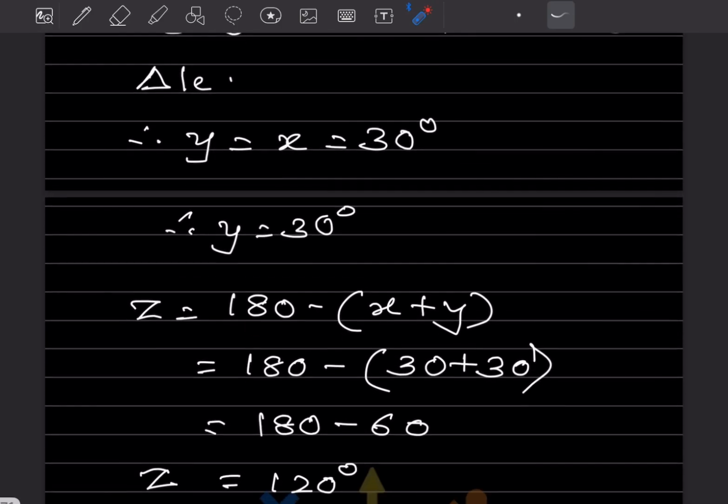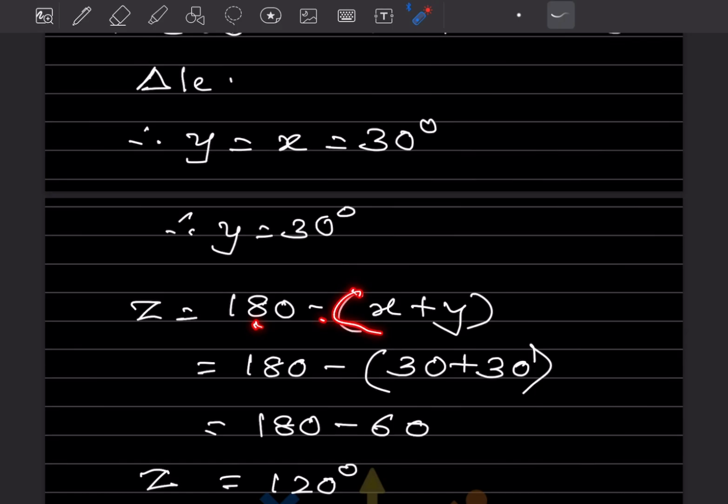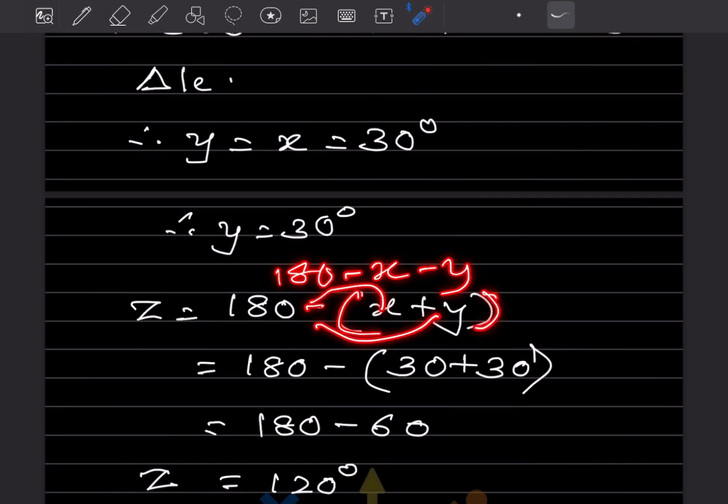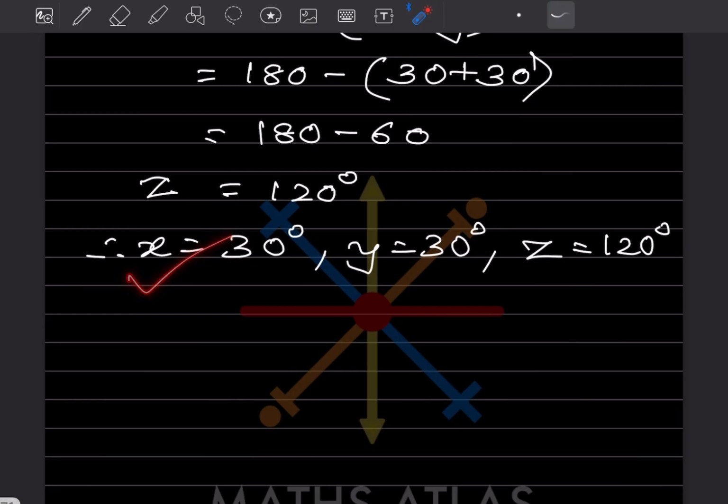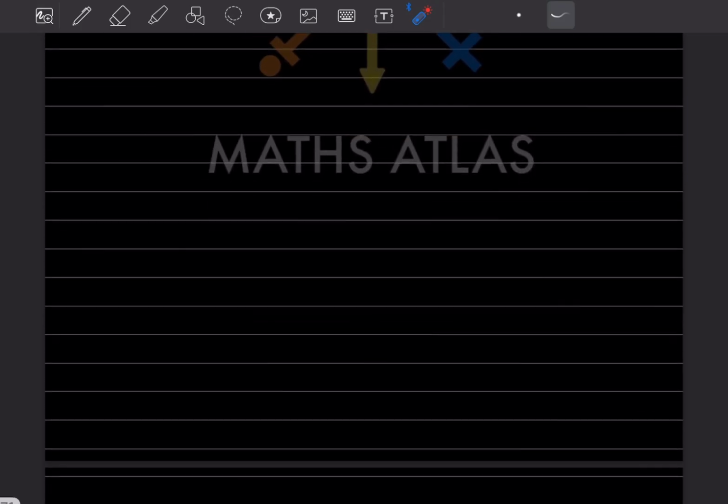So from 180 we subtract X and Y: either write 180 minus X minus Y, or put a bracket. So 180 minus 60, Z is going to be 120 degrees. So X is 30, Y is 30 and Z is 120.